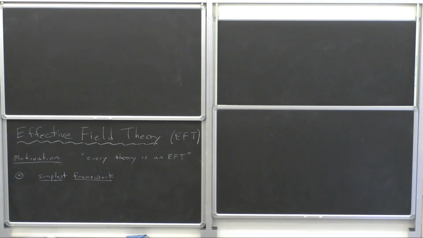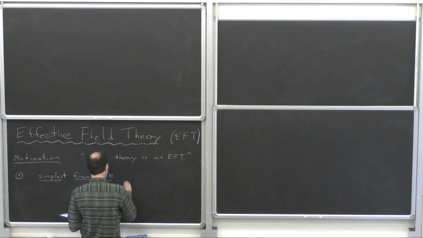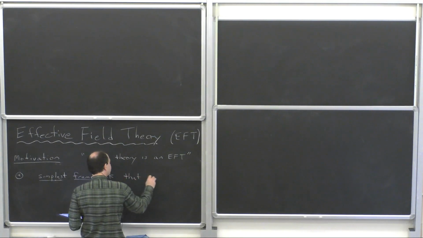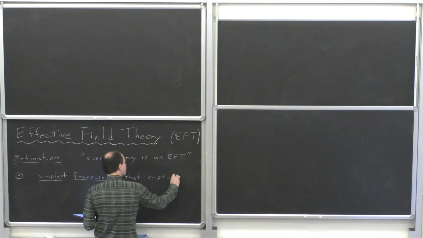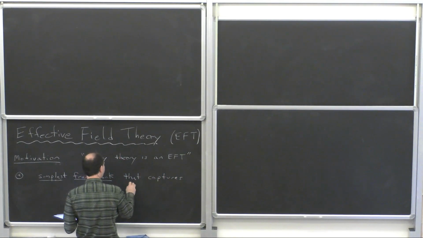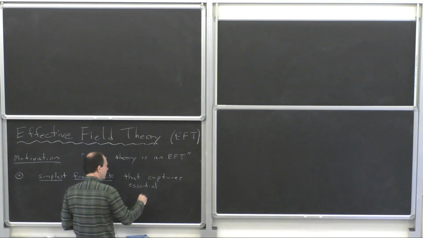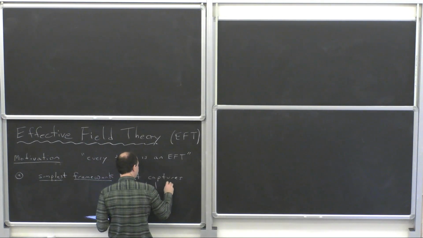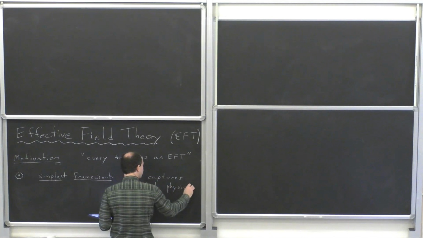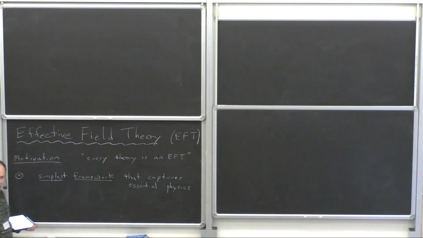We don't want to work very hard if we don't have to, so we should think about what the simplest field theory is that can describe the physics we're after, and not use something that is too complicated. Now, of course, we could use something that's too simple and then we get the answer wrong. So we really want to use the simplest theory that captures the essential physics and doesn't leave out anything essential, but things that are not essential we're allowed to leave out.